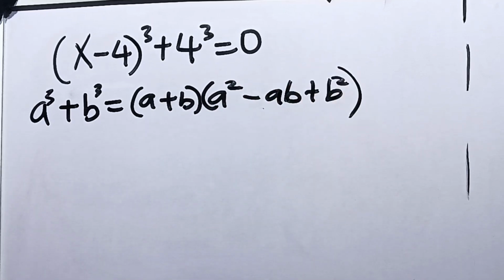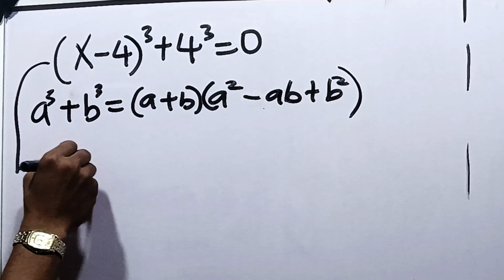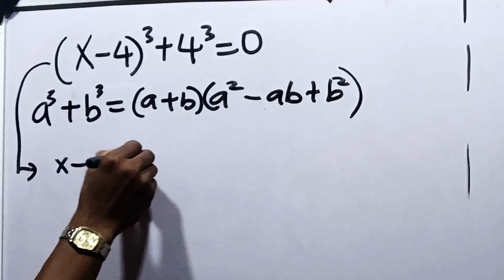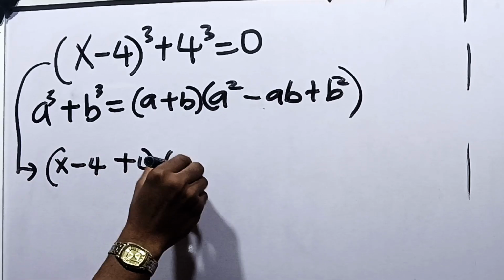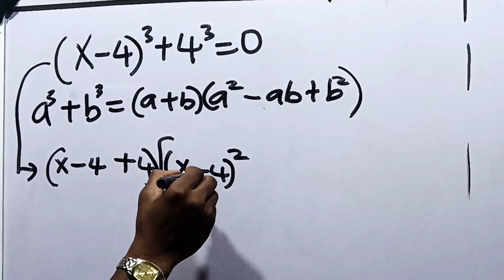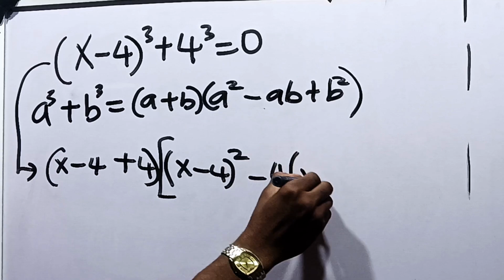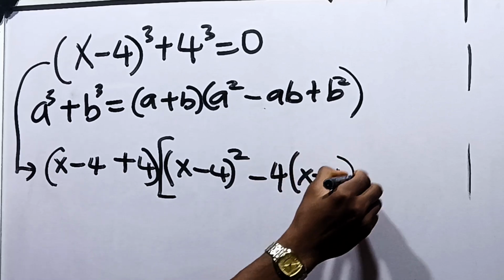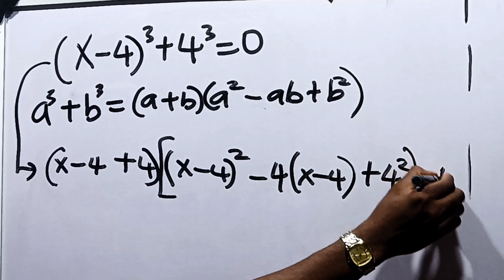Applying this law here, this becomes (x − 4 + 4) multiplied by ((x − 4)^2 − 4(x − 4) + 4^2), and this is equal to 0.